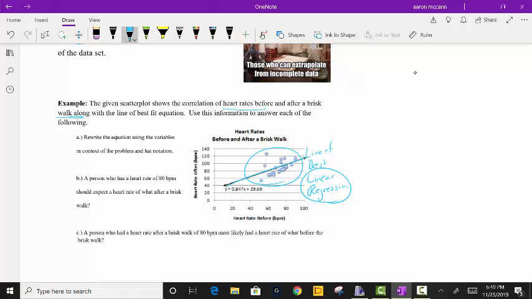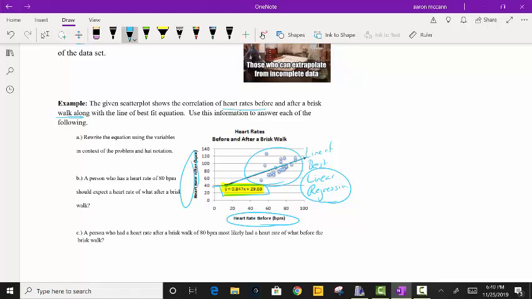This is done on a Microsoft Excel sheet, and it gives us the equation for the line of best fit. You can see it right here: y equals 0.847x plus 29.60, where x represents heart rate before and y represents the heart rate after.